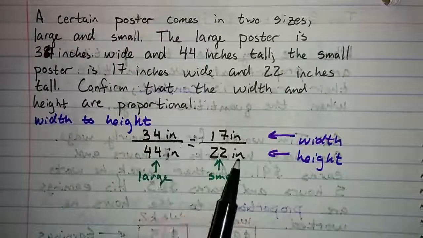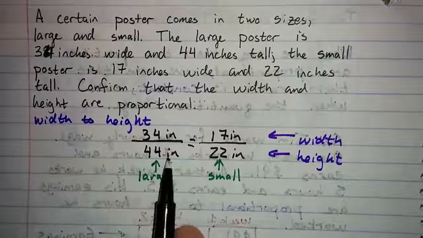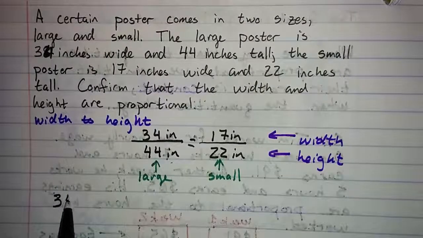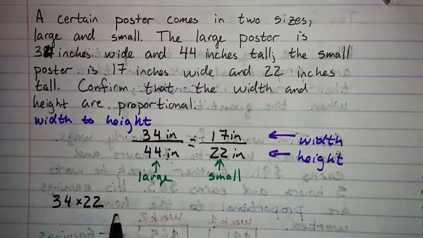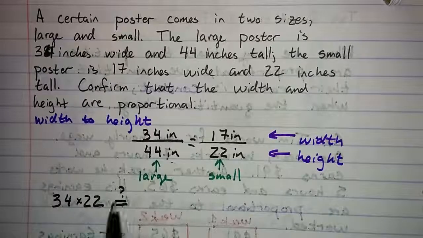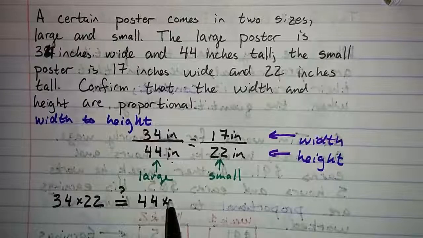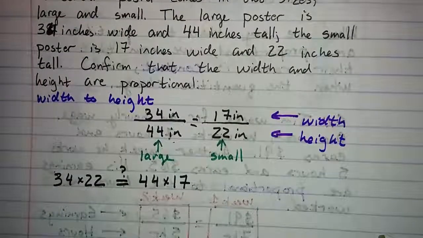Noticing that the units in the cross products are both inches times inches, I can ignore them. So 34 times 22, that's the first cross product. Is it equal to 44 times 17? Well, let's actually do this multiplication.